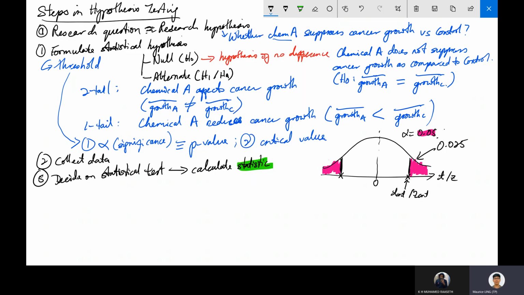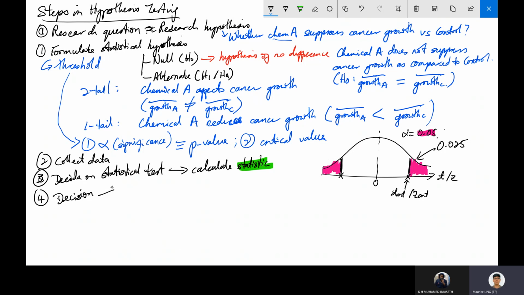After that, step number 4, you make a decision. You decide to accept or reject the null hypothesis. When do you accept the null hypothesis? When it's not in the shaded region.